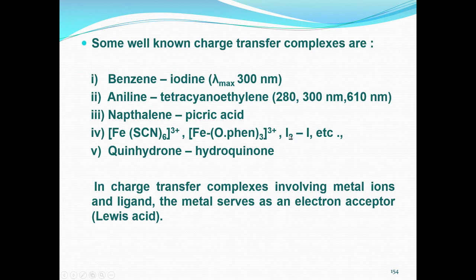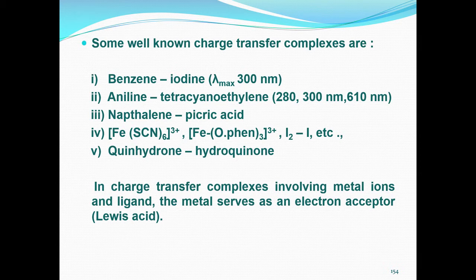If you add iodine to iodide solution, that also will give you a colored solution, that is also a charge transfer complex. And the fifth example I am giving you is quinhydrone and hydroquinone. This is a yellow colored substance which is in equilibrium with each other.